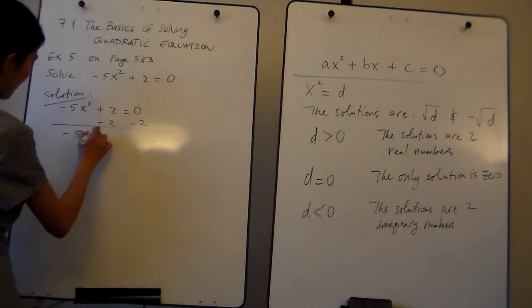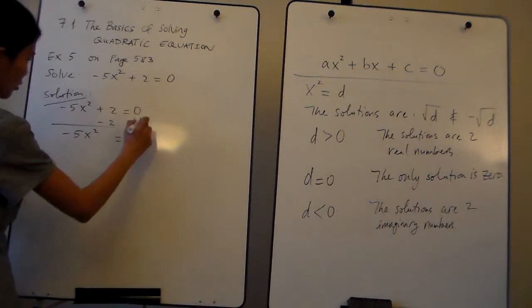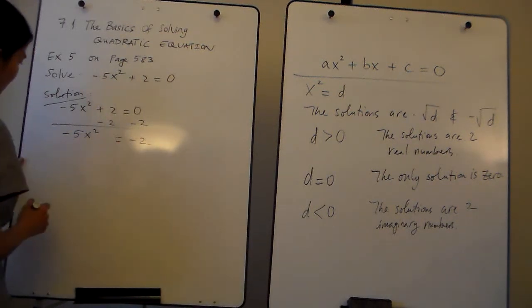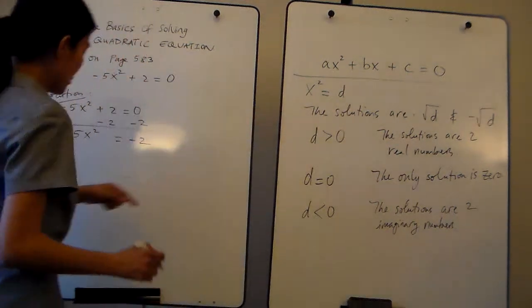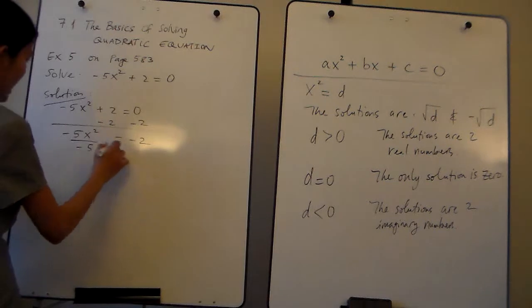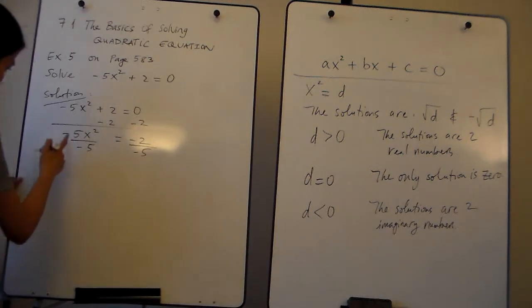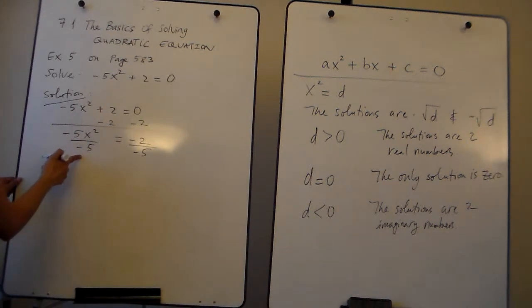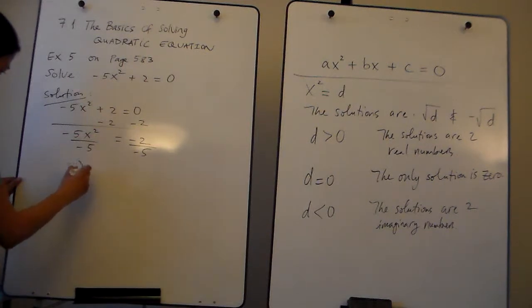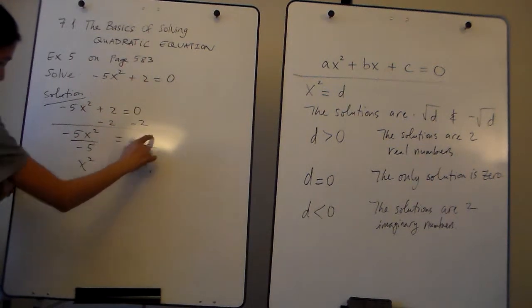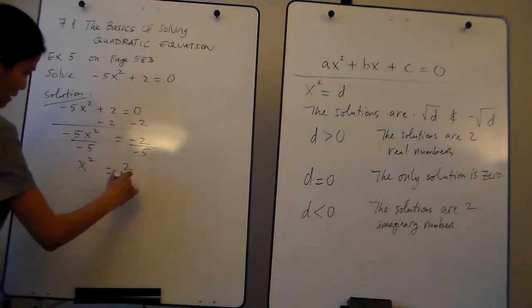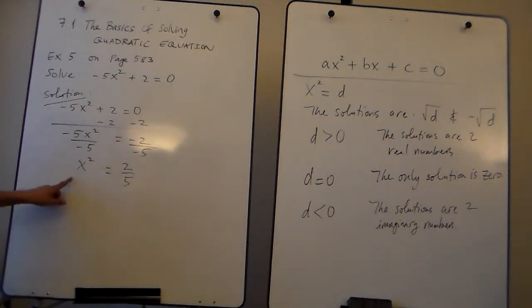Negative 5x squared equals 0 minus 2, which is negative 2. To get x squared, I would divide both sides by negative 5. Negative 5 divided by negative 5 is 1, and 1 times x squared is x squared. Negative divided by negative is positive, and 2 divided by 5 is 2 over 5. So we get this.